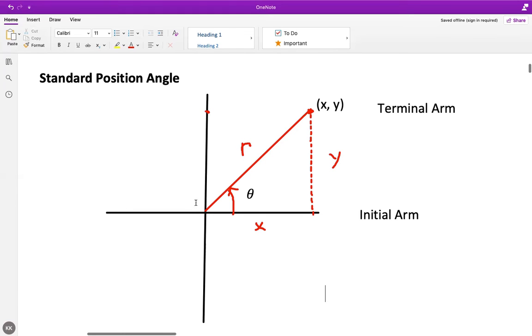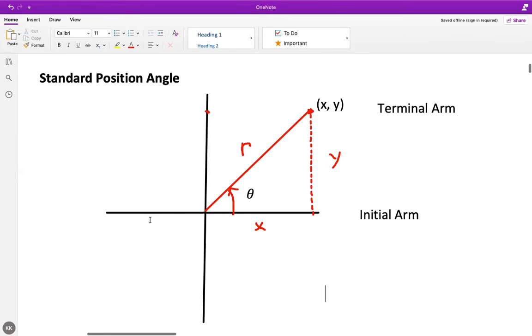It's the distance from the origin (0, 0) to the terminal point (x, y). This is the terminal arm, and the initial arm is at the positive x-axis. The positive x-axis is always the initial arm.